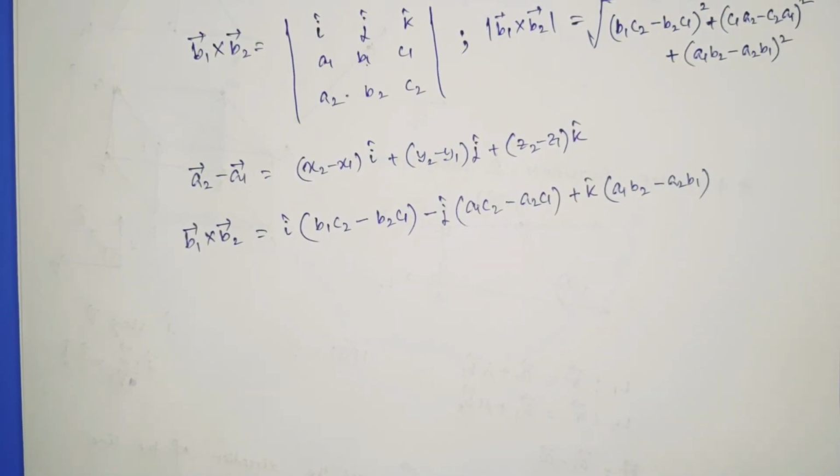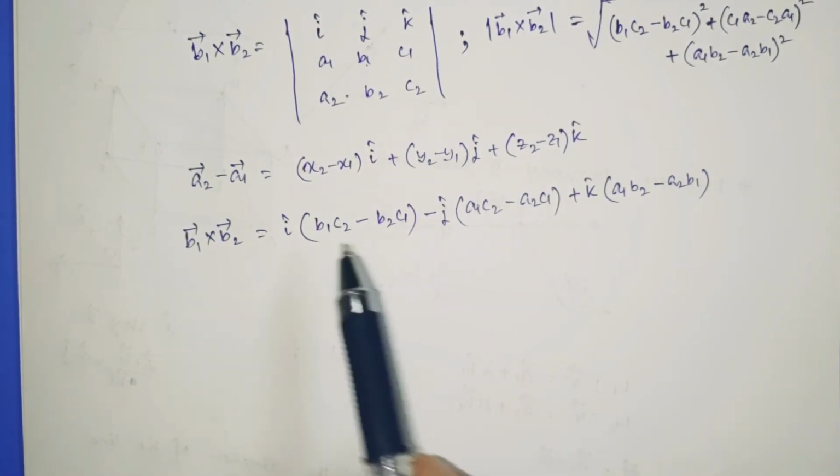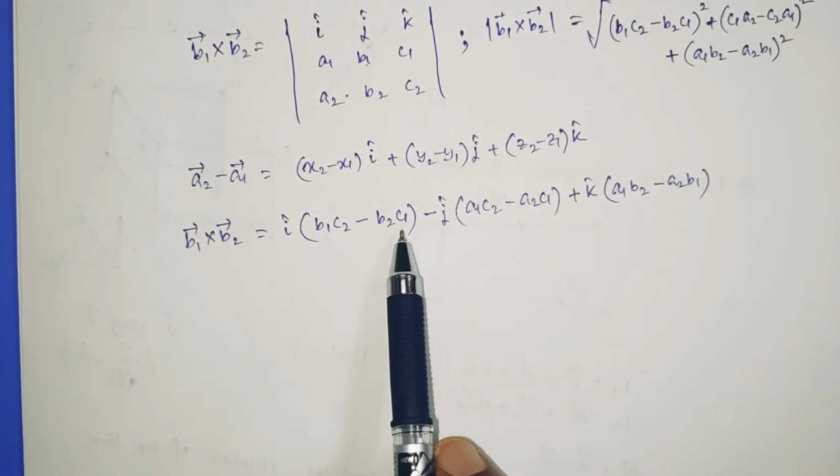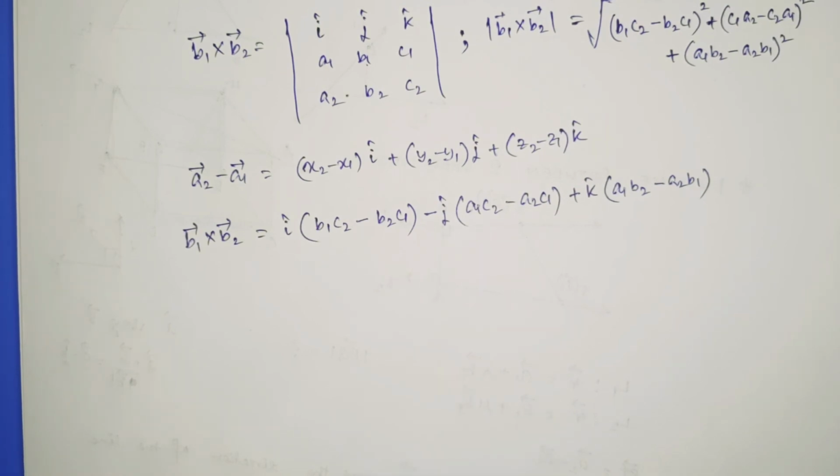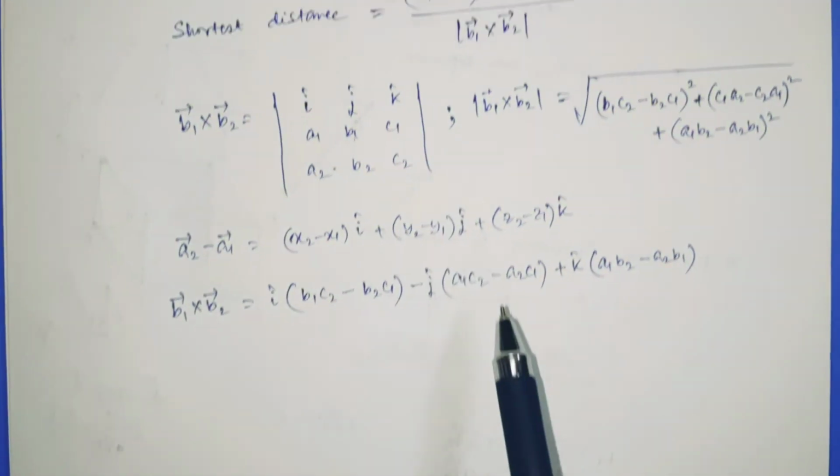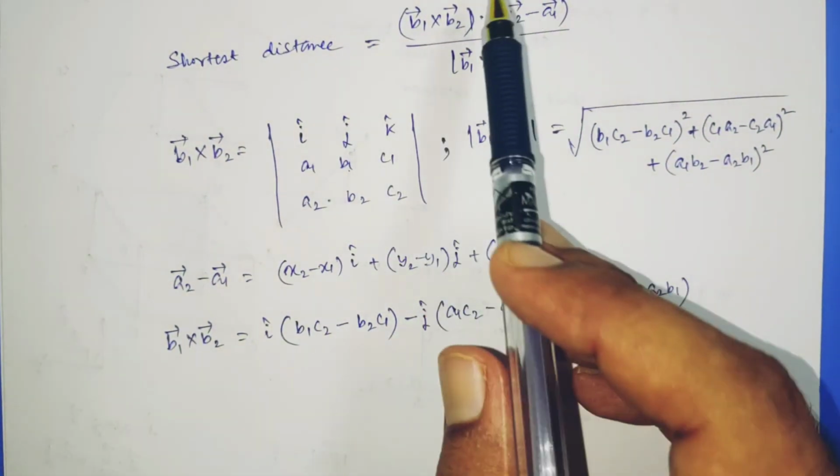This is what we have, right? And the magnitude is root over of this square plus this square plus this square. I don't care about the minus because a minus whole square becomes plus. That's how we got the magnitude, right? Now let's put all those values in here and see what we get.